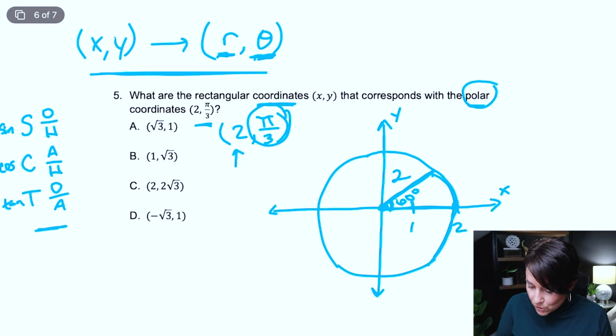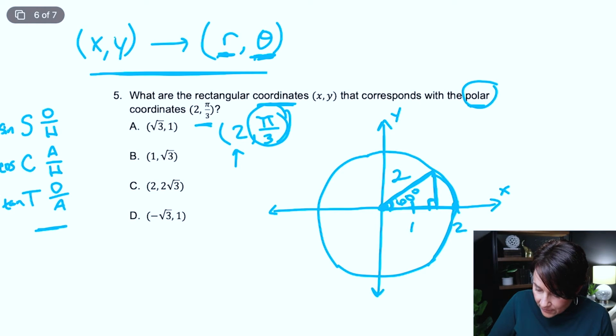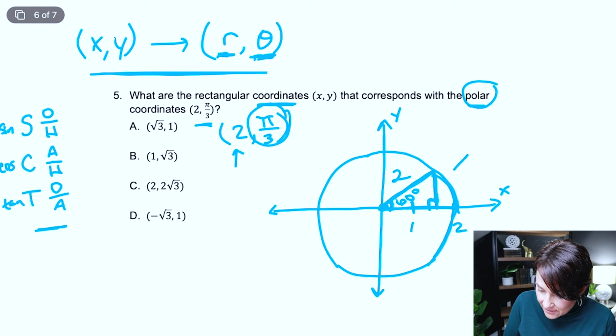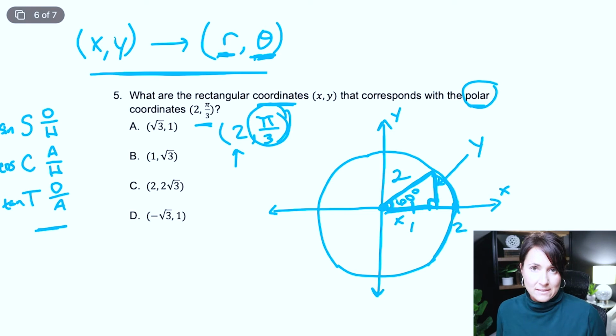Now what we're trying to do is figure out our rectangular coordinates, which means our straight x and y, not our polar coordinates. So I want to draw this triangle here. What I'm looking for is this leg, which is my y, and this leg here, which is my x.